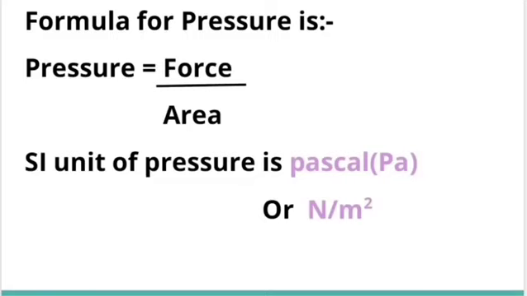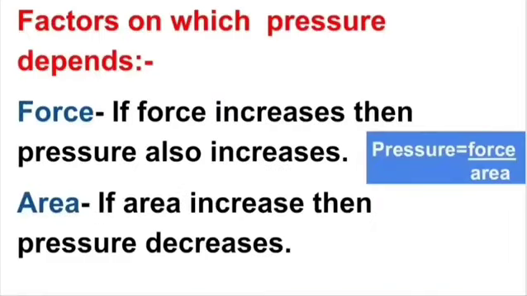From this expression, we can say the pressure we apply on an object depends on force as well as the area of contact of the object. Pressure depends on two factors: first is force and second is area.